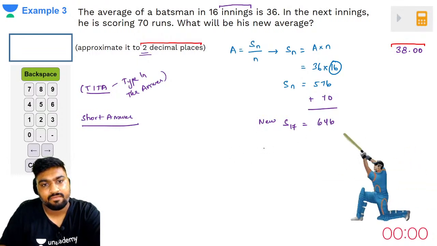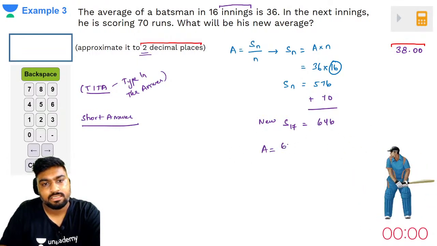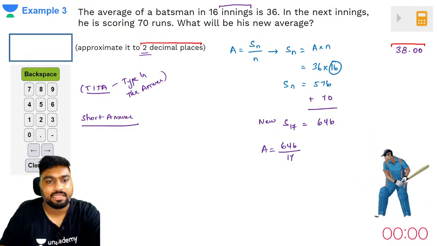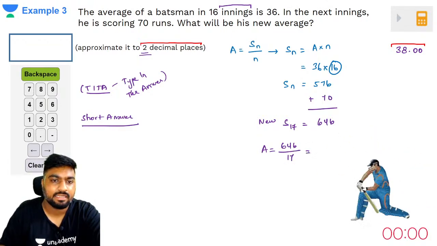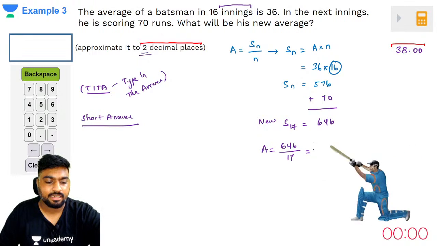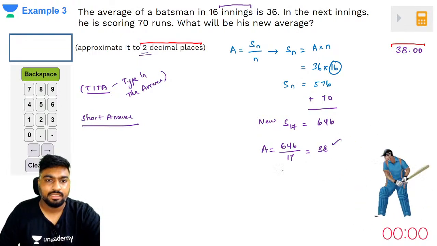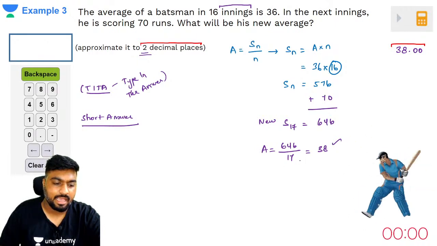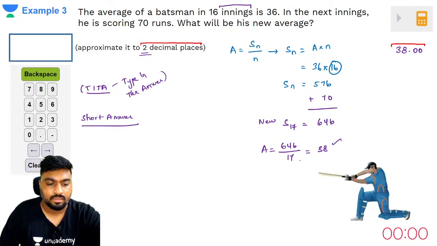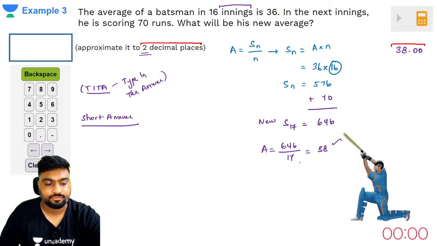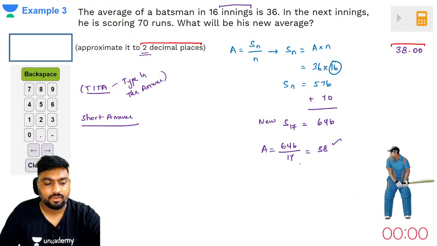Can I find the average? Yeah, average is what? 646 by 17, sum of 17 terms by 17, which is how much? 38, correct? 38 into 17. Agreed everyone? Yes or no? Say yes if you agree till here.